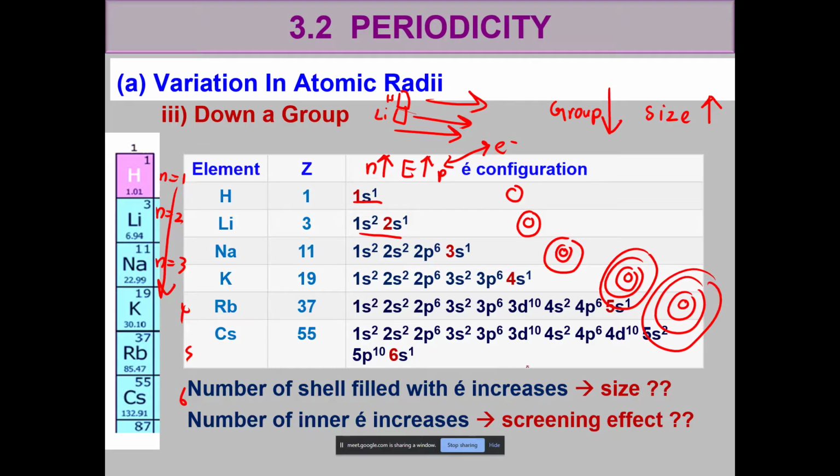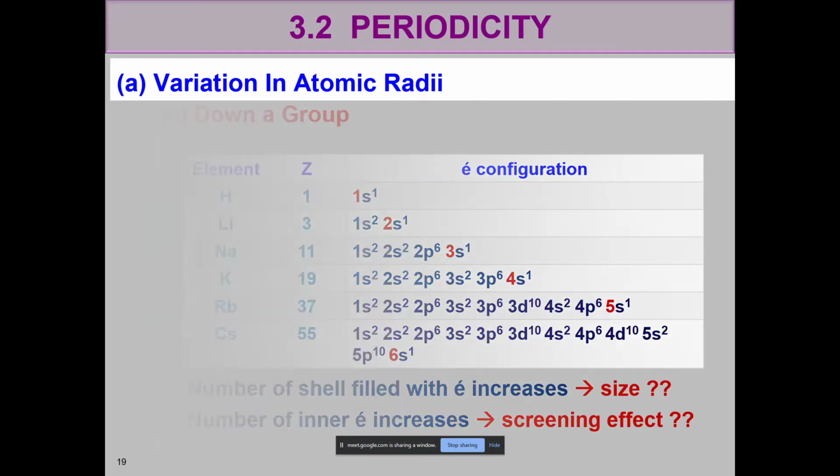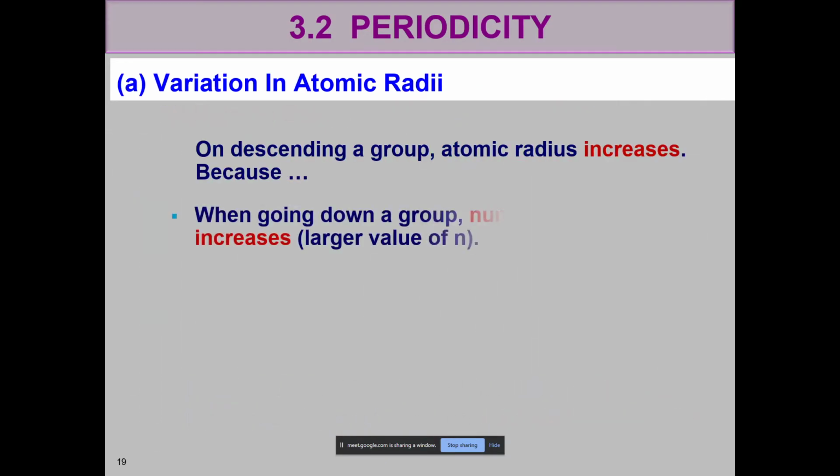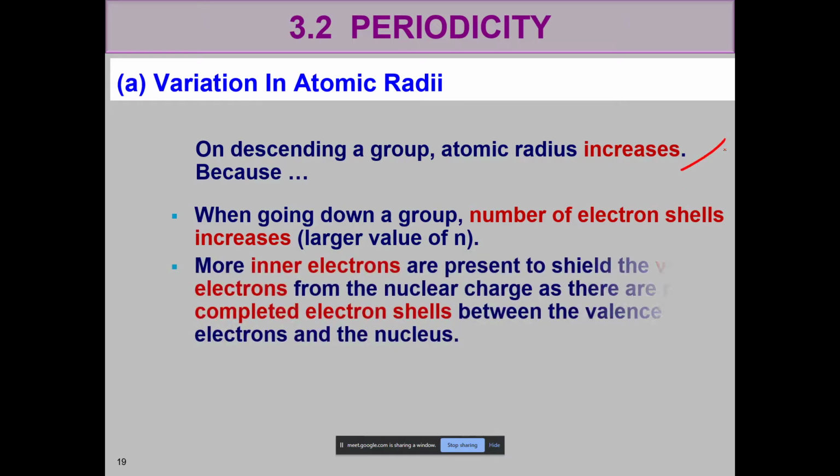So lagi besar and samalah sampai ada 6. You guys boleh bayang lah kan. Okay, so descending a group atomic radius increase, so the number of electron shell increase, so it is further away between the valence electron and the nucleus.